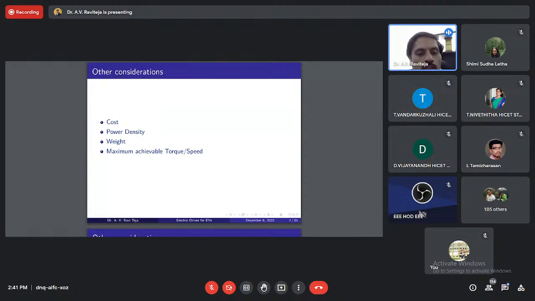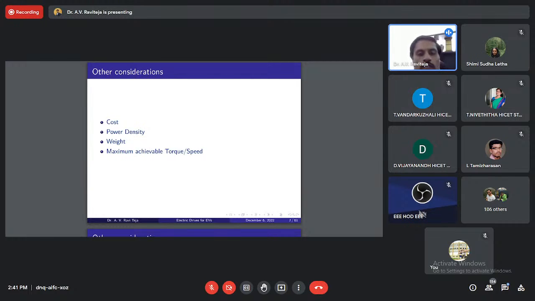And then you also need to consider the maximum achievable torque or speed, or the top speed of the vehicle, because this is important for commercializing the EV. If an EV I make has only 40 kmph top speed, then it cannot be used for highways, right?